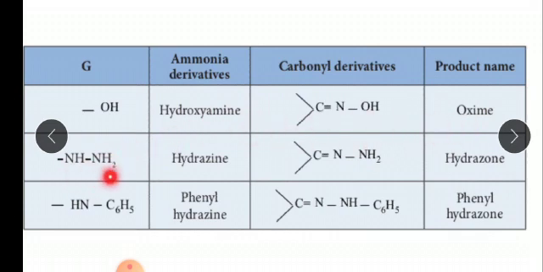Hydrazine is NH2NH2, where an alkyl or aryl group may be present. Hydrazine will become hydrazone, and similarly phenylhydrazine will give phenylhydrazone.